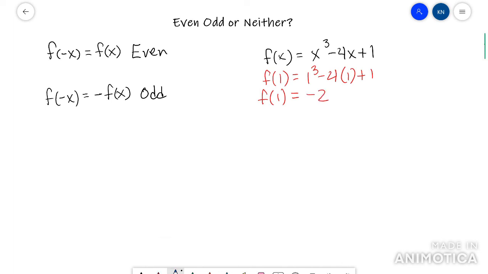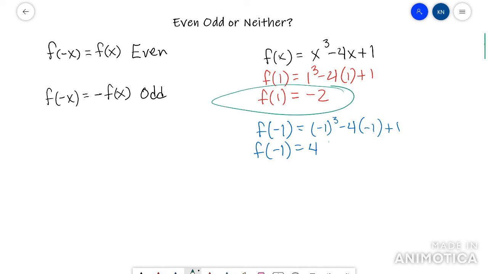Now I'm going to plug in -1. Do my algebra there. And I would get 4. When they don't match at all, and they're not -1 times each other, that's what a neither looks like.